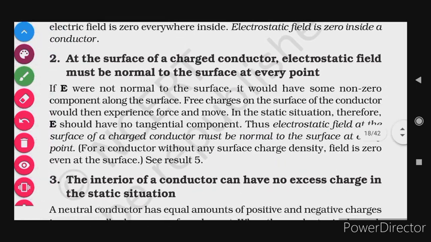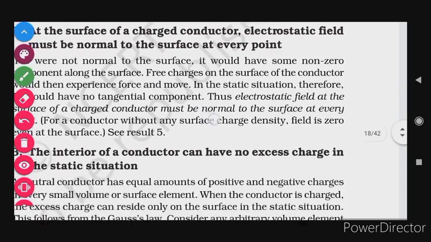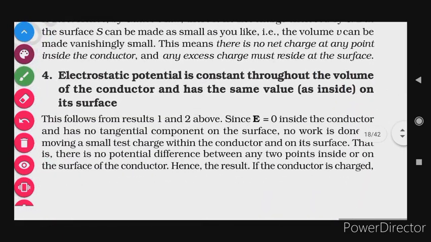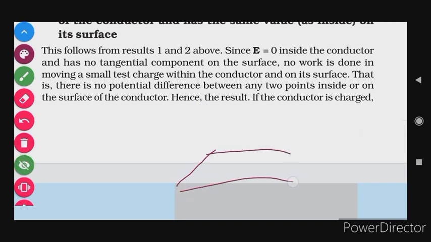If it were not normal to the surface, it would have some non-zero component along the surface. The explanation is similar to what we explained for the equipotential surface. In equipotential, what happens? I'll explain it here. Suppose there is the conductor, and there is an electric field that makes a certain angle with the surface, so it is not normal.